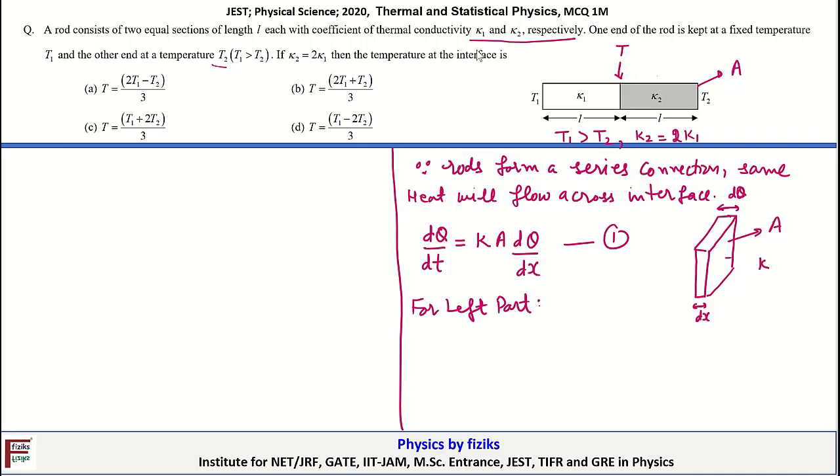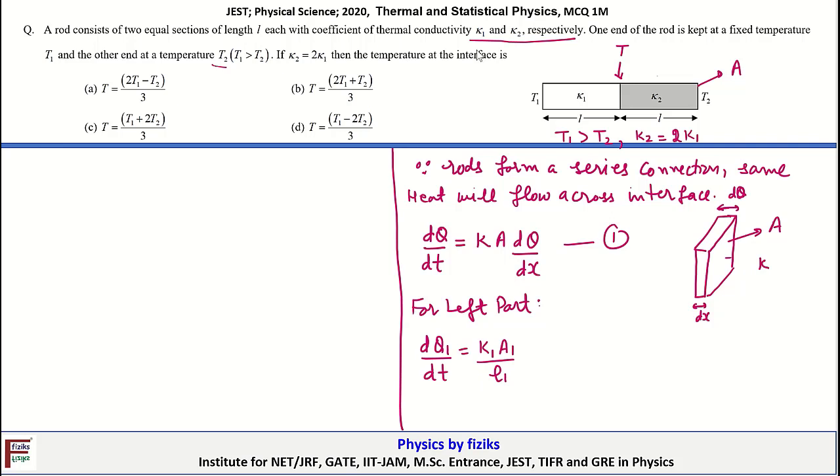For the left part, the heat current dQ1 upon dt, with small t being the time, that is the heat flowing per unit time, equals, applying equation 1, K1, the coefficient of thermal conductivity for the left part of the rod, times A1, the cross-section area, divided by the length of the rod L1.